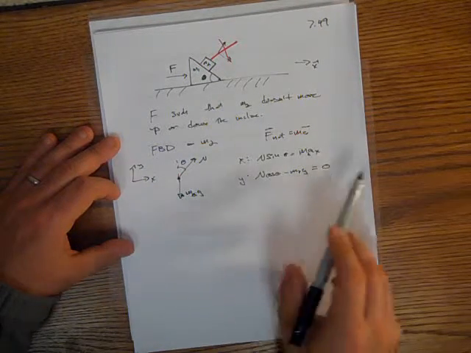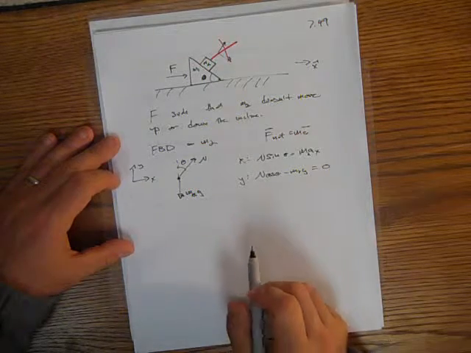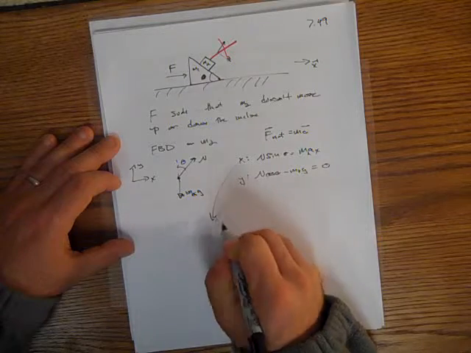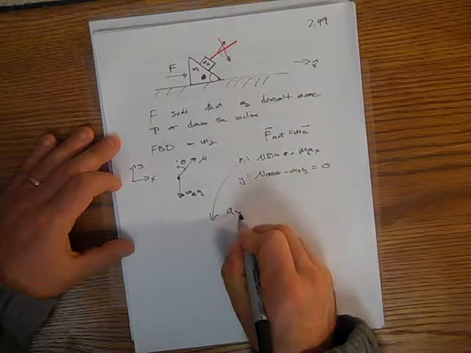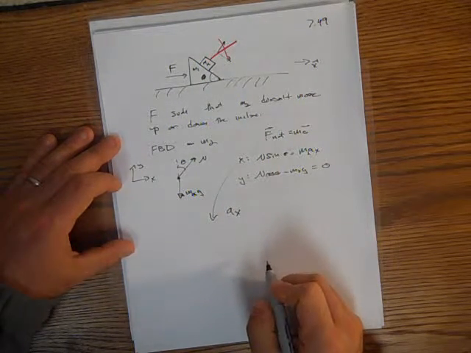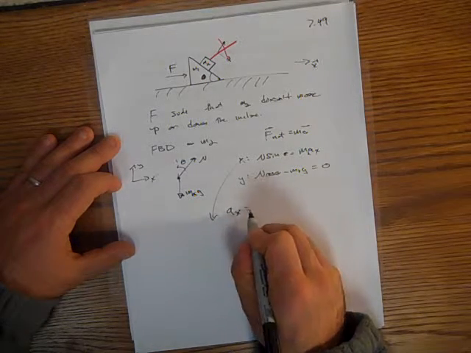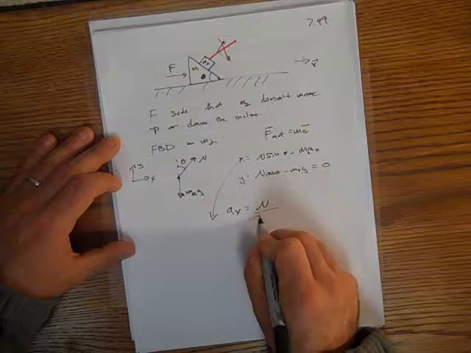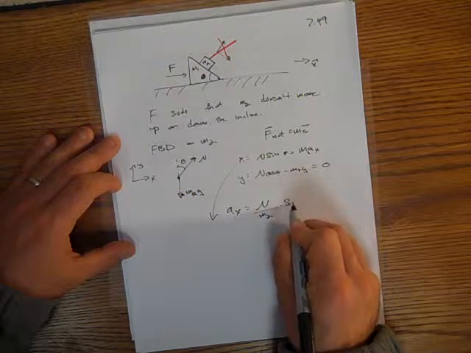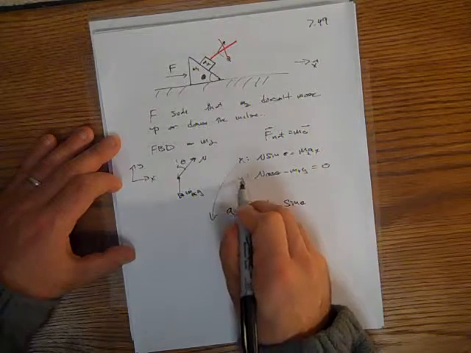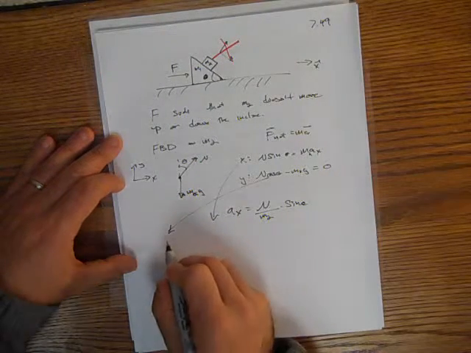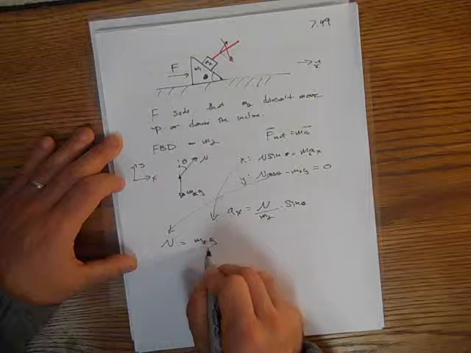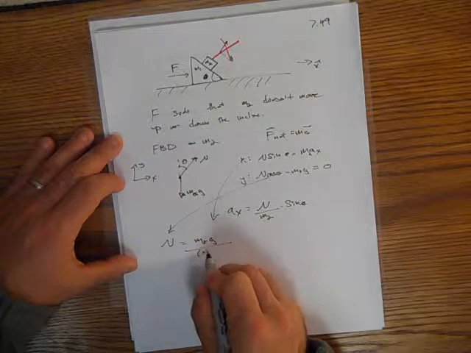So I can rearrange these. If we rearrange x, the requirement is that the acceleration in the x direction of M2 has to be N divided by M2 times sine theta. The y expression tells me that N is M2g over cosine of theta.